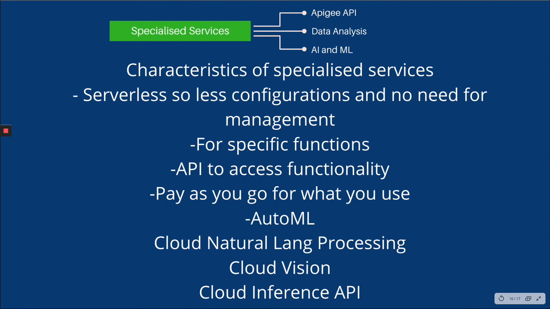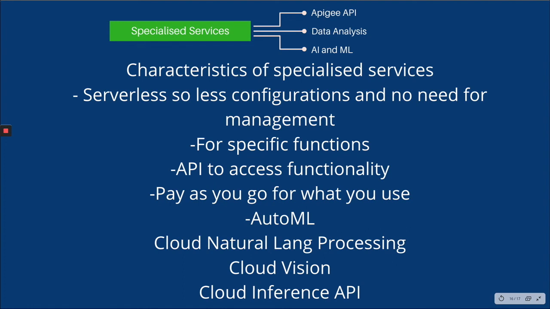Specialized services are really good for specific functions such as machine learning. They do exactly as they say, and they are there for a specific thing. You get an API to access its functionality, and you can get an external or an internal one depending on what you need. We've got the pay-as-you-go for what you use functionality again, which means that you don't overpay, but also that you are able to pay for anything that you have switched on and running, and then when you shut it down, it stays on in the background.